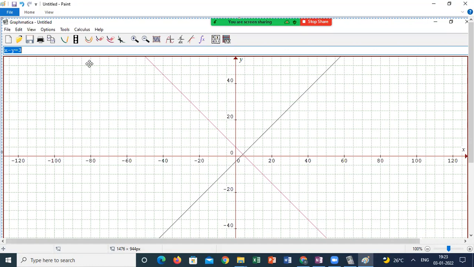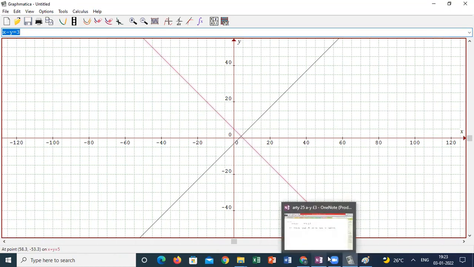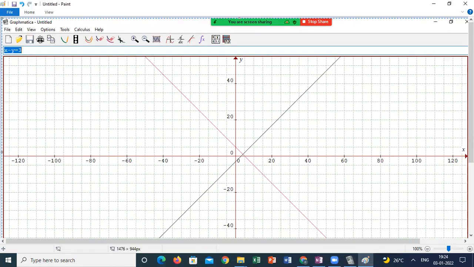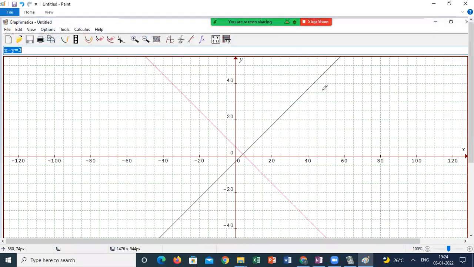The black line is x minus y equal to 3. And this line says x plus y equal to 5.